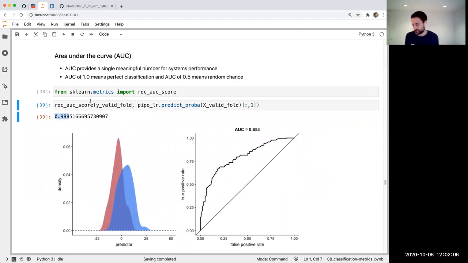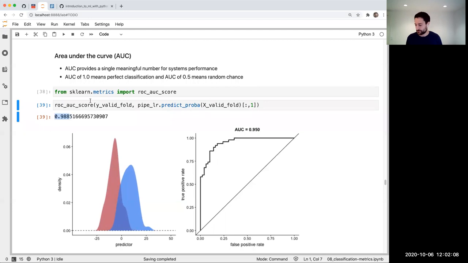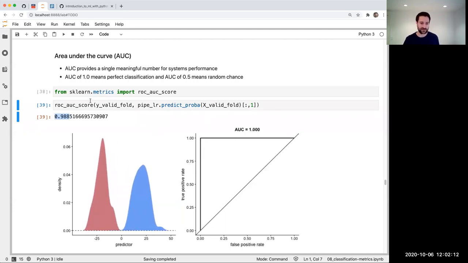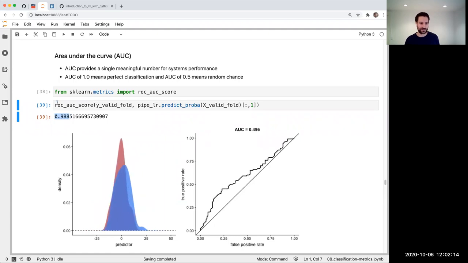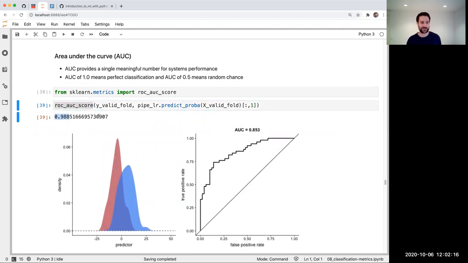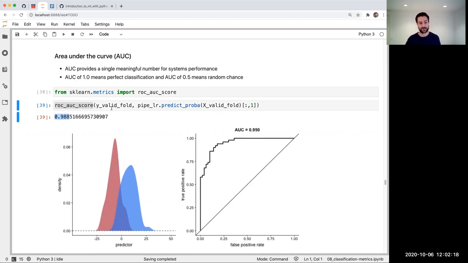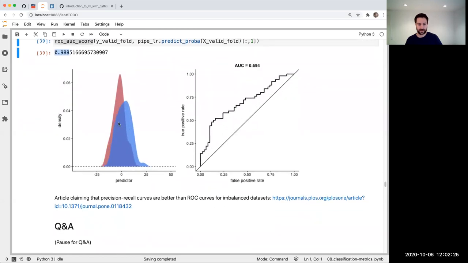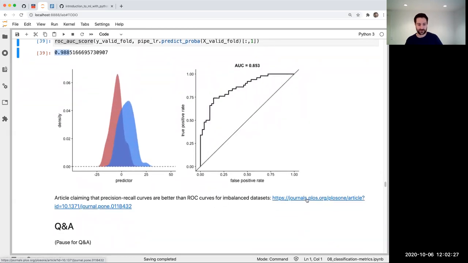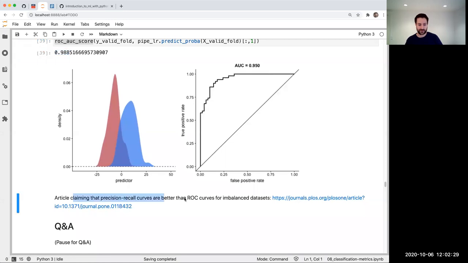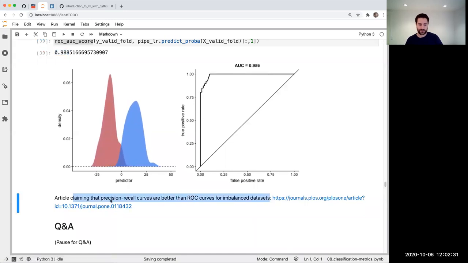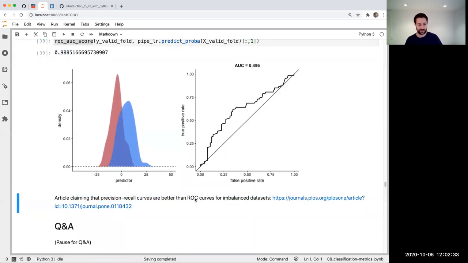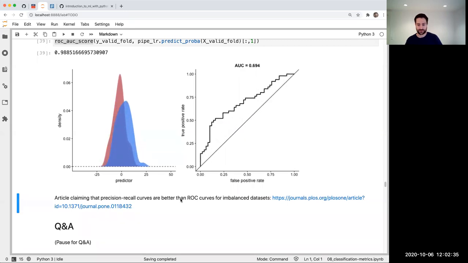The average precision score that we talked about later may be more appropriate when you have imbalanced data sets as opposed to the ROC, which could paint a rosy picture due to the class imbalance. Okay, so I just linked to an article here if you're interested, talking about why precision recall curves are preferred for imbalanced data sets.